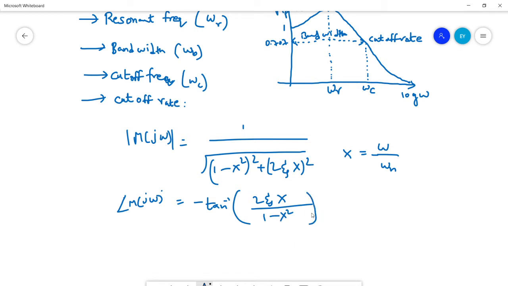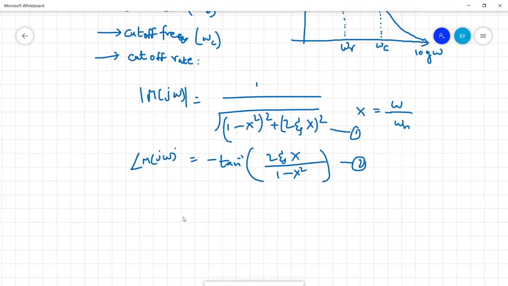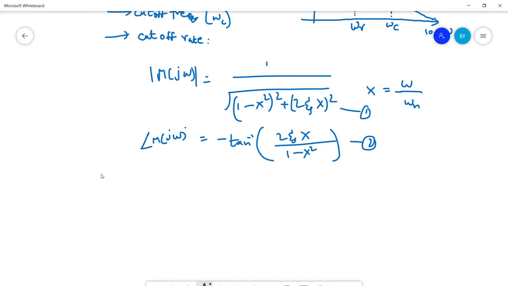This is the expression for the phase. These two are important for us to consider for the second order system. Whatever frequency domain specifications we are deriving, we will be using these two equations, equation 1 and equation 2, right? So let us start deriving, resonant frequency is the first one.